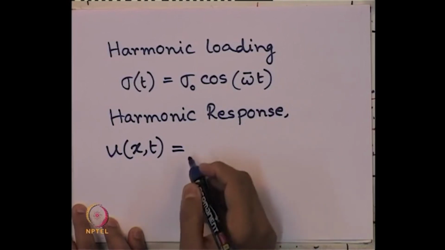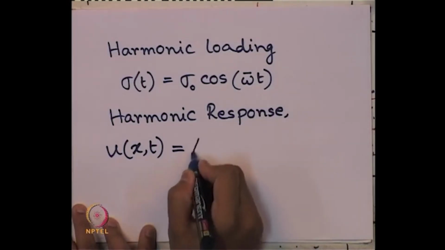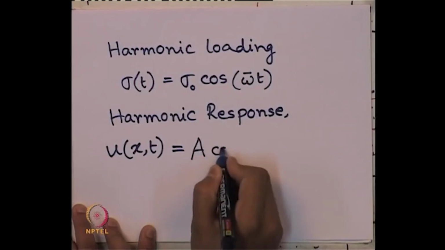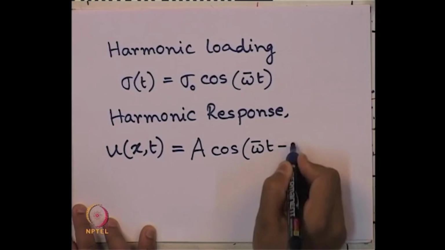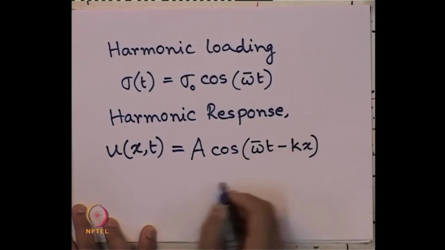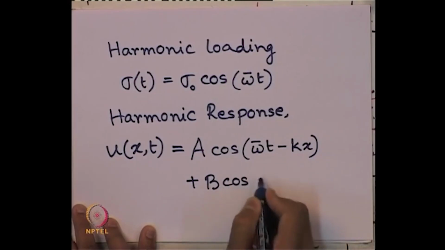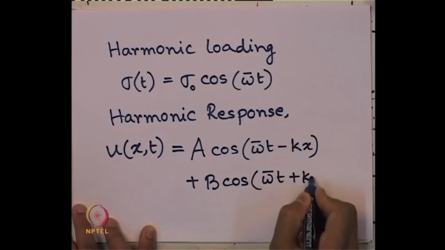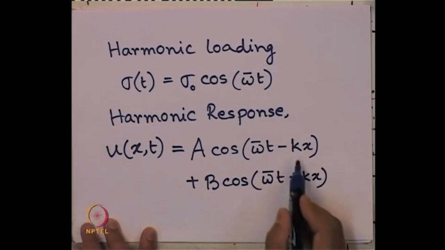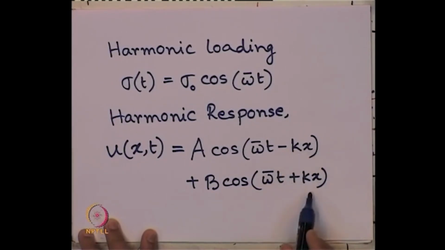So, for harmonic response, the solution will be some constant a cosine of omega bar t minus k x plus another constant b cosine of omega bar t plus k x. So, that we have already seen. This one is for the wave which is traveling in the positive x direction, and this is for the wave traveling in the negative x direction.